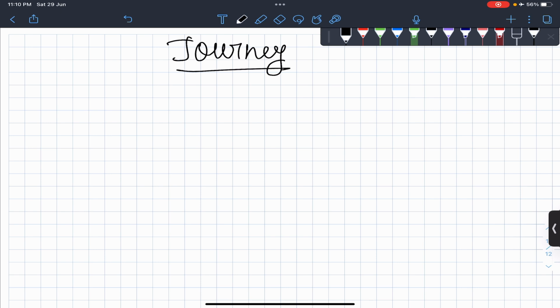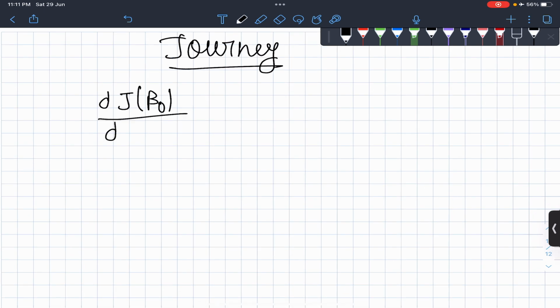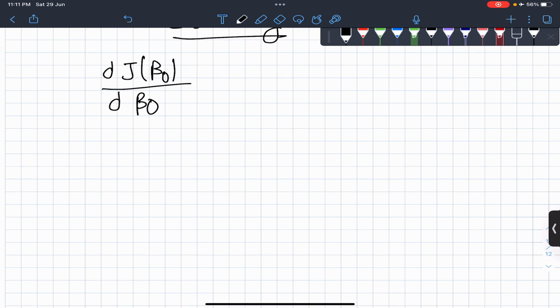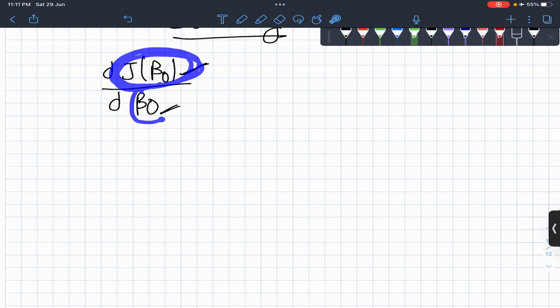Now what is happening here is the derivative of beta 0. What this says is how much this changes if we change this. How much does the MSE function change if we change this one parameter? How much does this affect it?